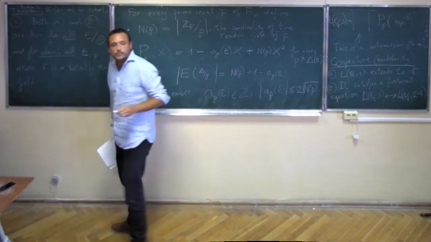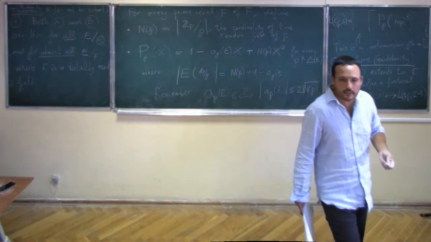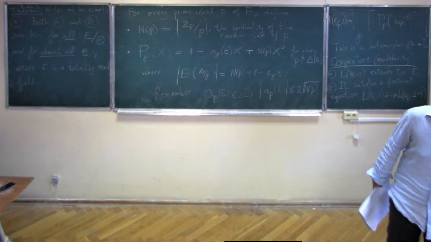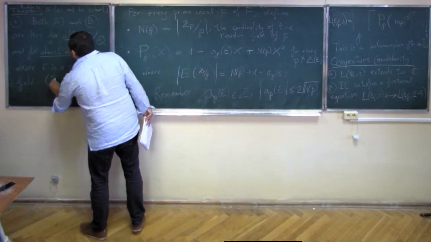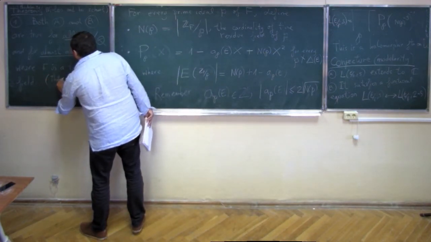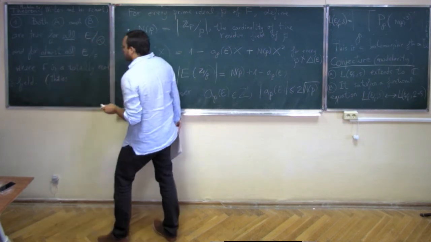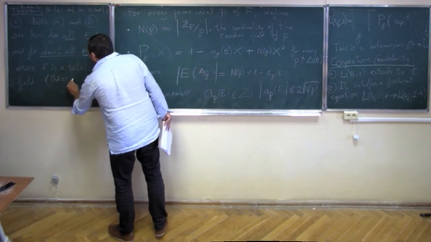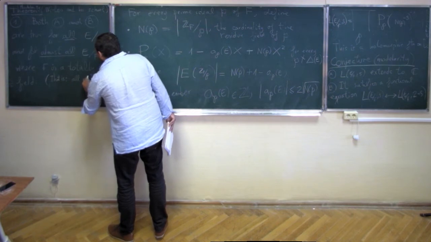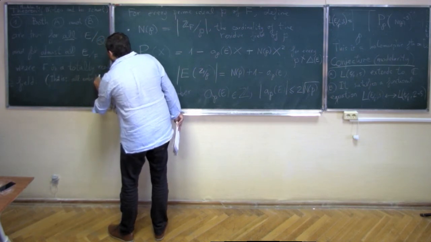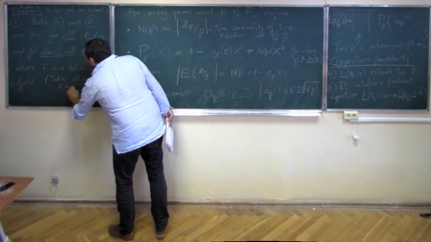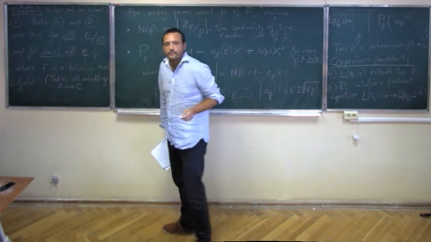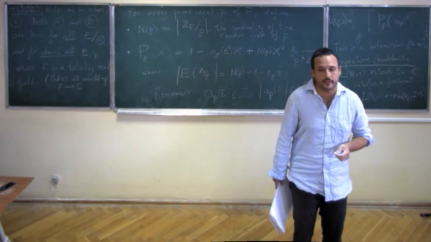Since this is important, let me recall what a totally real field is. A totally real field is a number field such that all embeddings from the number field F to the complex numbers factor through the field of real numbers.